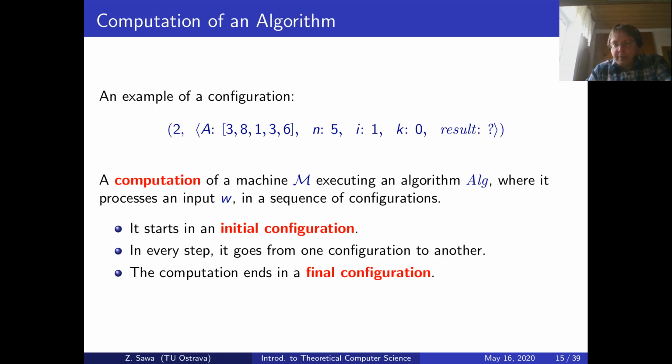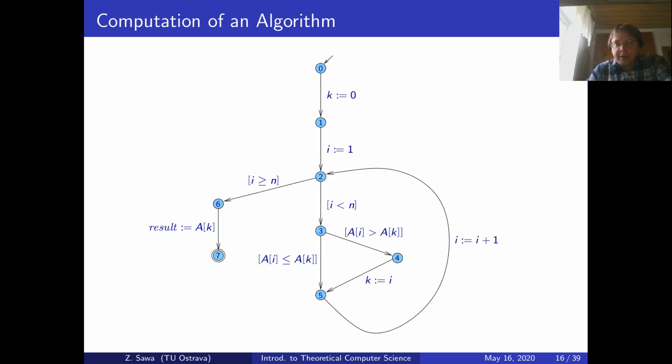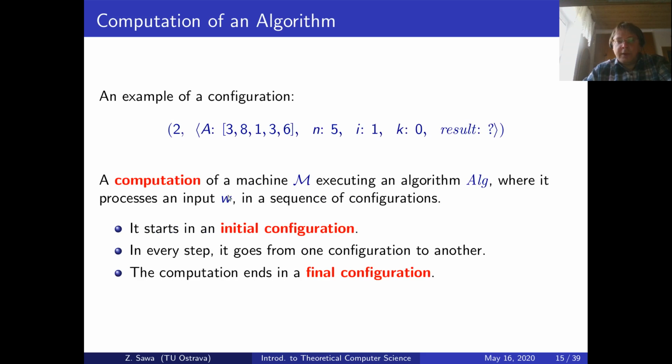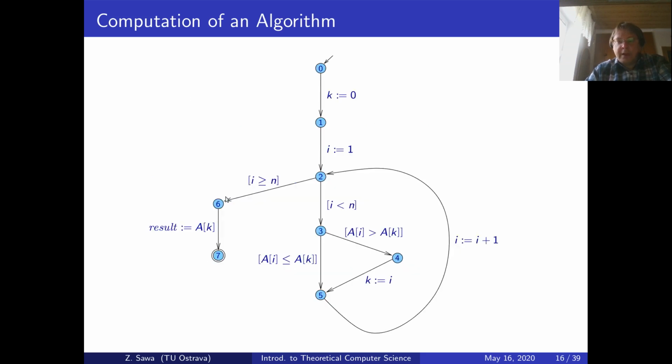It will be probably best to illustrate it by an example. So let's consider this control flow graph, and let's assume the input, this input W. Here we do not use any kind of input or output device.